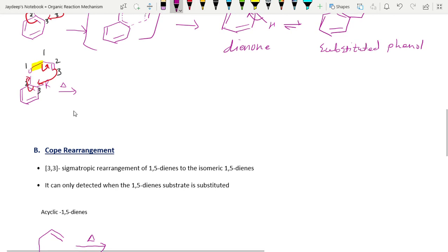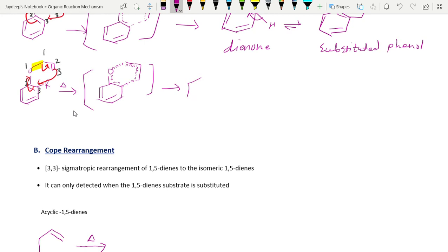And the product is, this dotted line indicates bond formation and bond cleavage, right? So after the cleavage of this six-membered transition state, we get the intermediate like that.